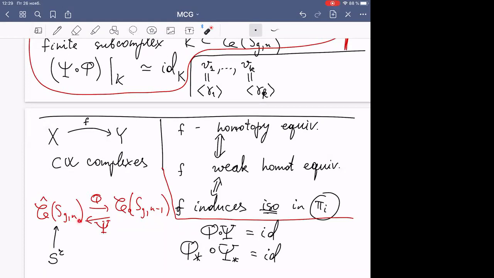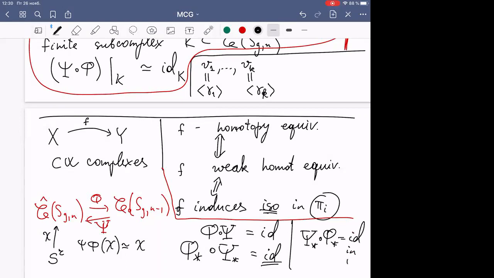So phi and then psi of this spheroid is homotopic to the initial spheroid. So psi star phi star is the identity map in homotopy groups. Thank you very much for this question.